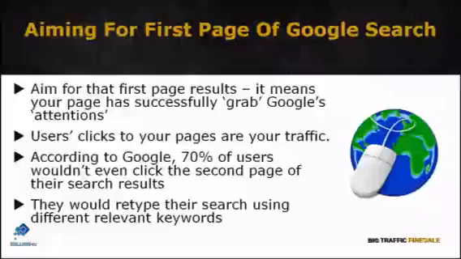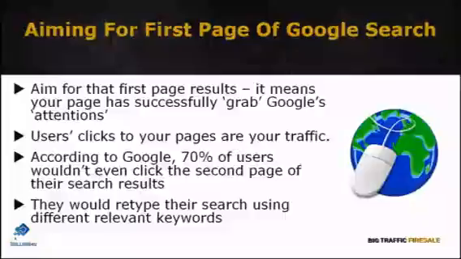Most online marketers and online business owners would love to see their products or services to be the very first page of Google's search results, or even better, the featured snippets. Who doesn't? That would mean your page is successfully optimized to grab Google's attention and put them on top of their search list. The clicks you received from users are all that matters. Their clicks are your traffic.